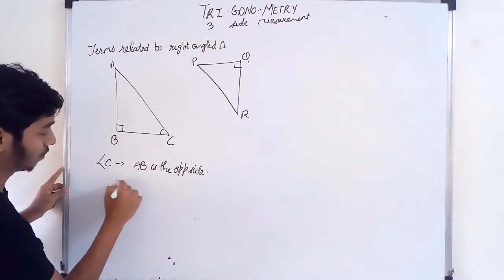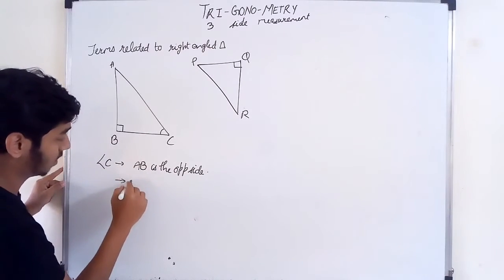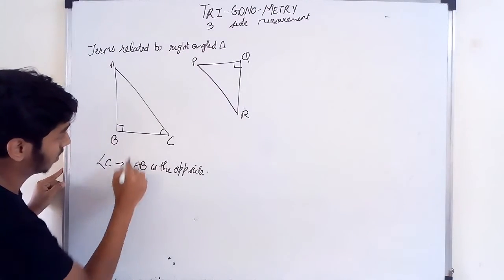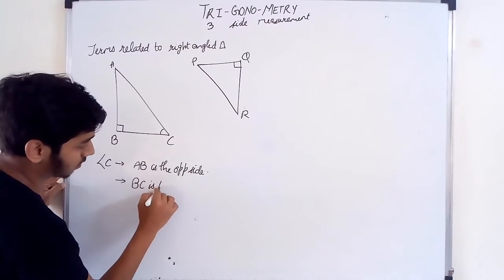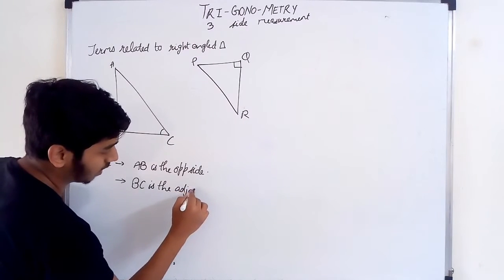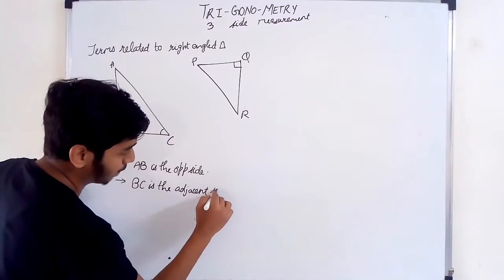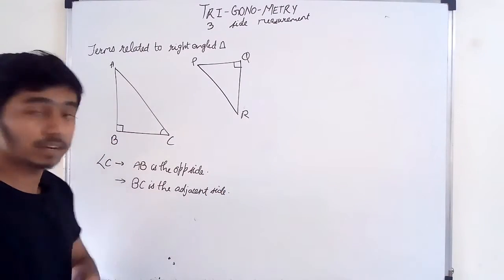Therefore, for angle C itself, we can say that BC is the adjacent side. Okay, so I hope you have understood this.